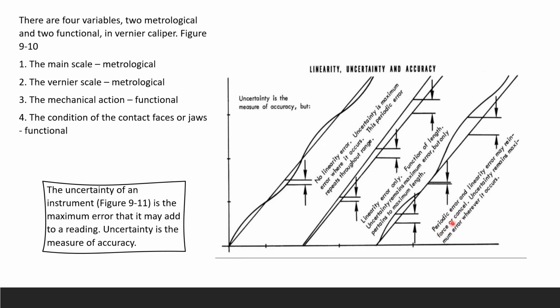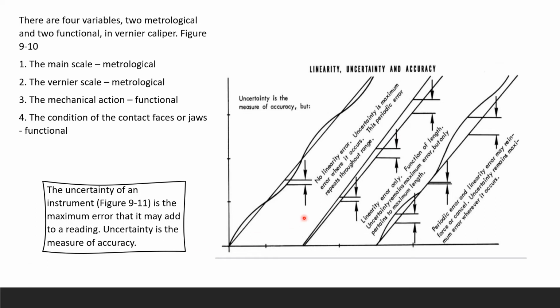The next one is your periodic error and linearity error; they may reinforce or they may cancel out each other, okay. Uncertainty remains maximum error wherever it happens. Uncertainty is your maximum error, okay.